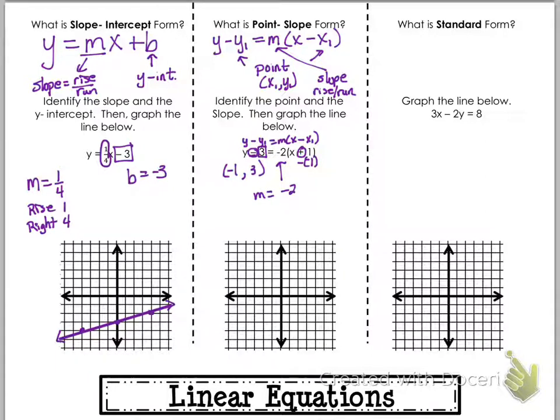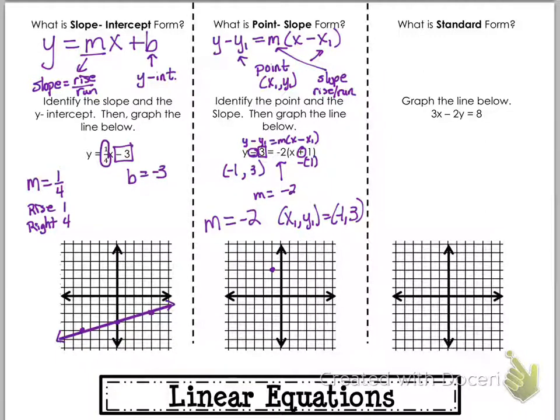Whenever I go to do that, I have slope is -2, and my x1, y1 is -1, 3. So I'm going to start at the point -1, 3. So to the left 1, up 3.